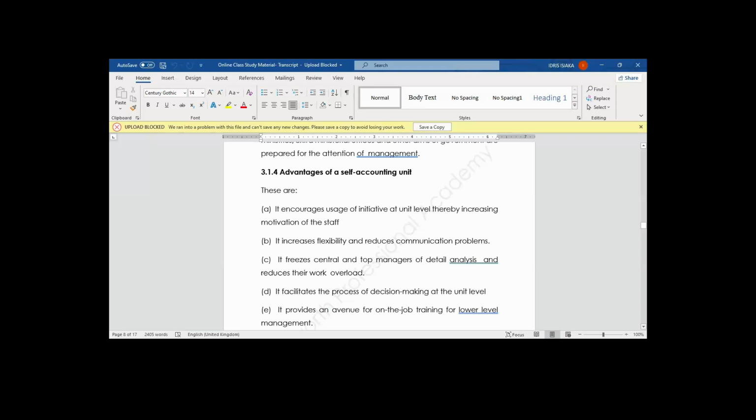Another advantage: it increases flexibility and reduces communication problems.